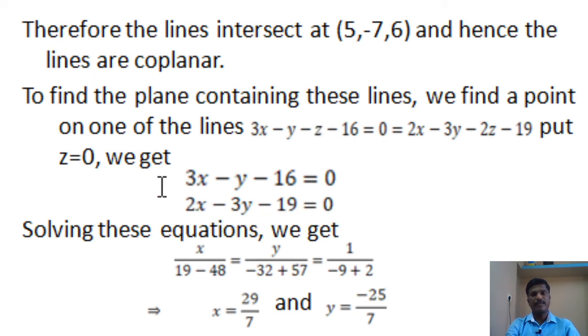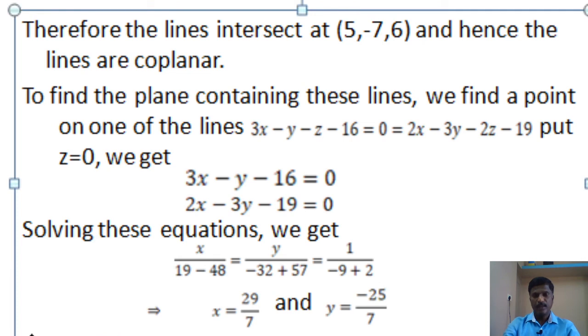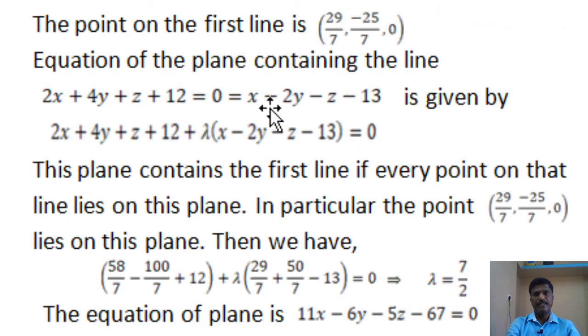Solving these equations by the cross-multiplication method, we get x = 29/7 and y = -25/7. Here the point is (29/7, -25/7, 0).